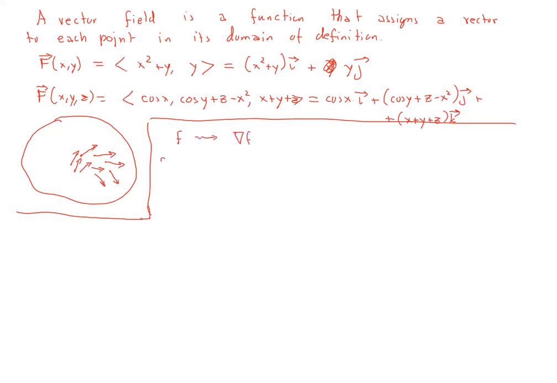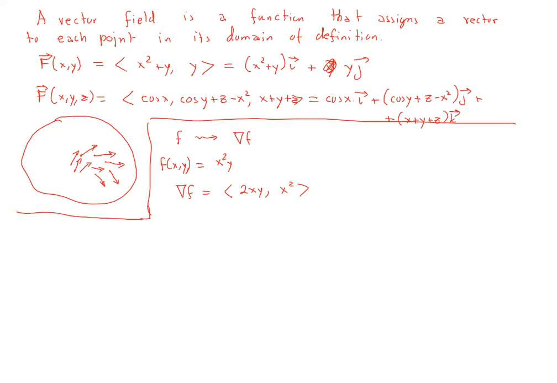So let's say that f of x, y, let's start with a function of two variables, is x squared y, then its gradient as a vector field is going to be 2xy comma x squared. And we have a special terminology. Gradient vector fields are going to play a very important role.